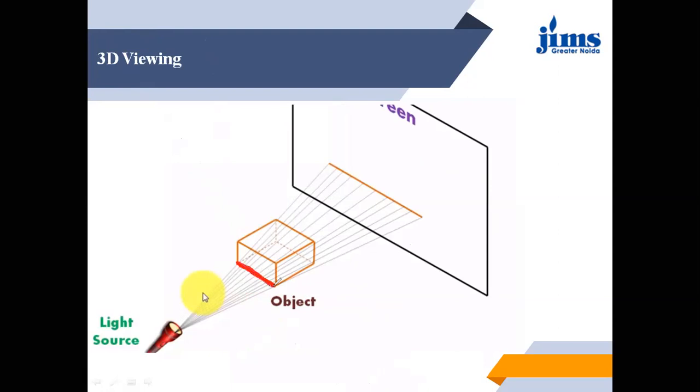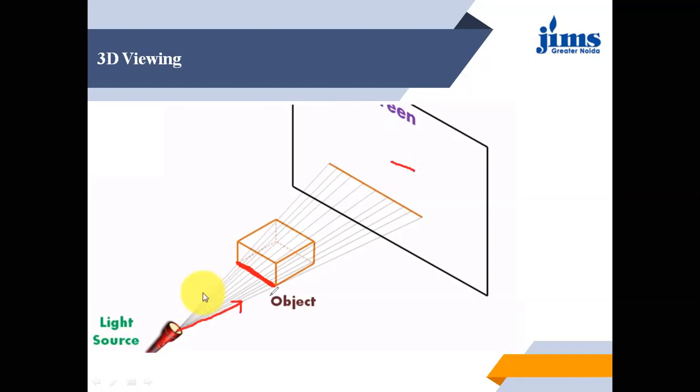All the lines, these are also called projected lines, are coming from this light source towards the screen.